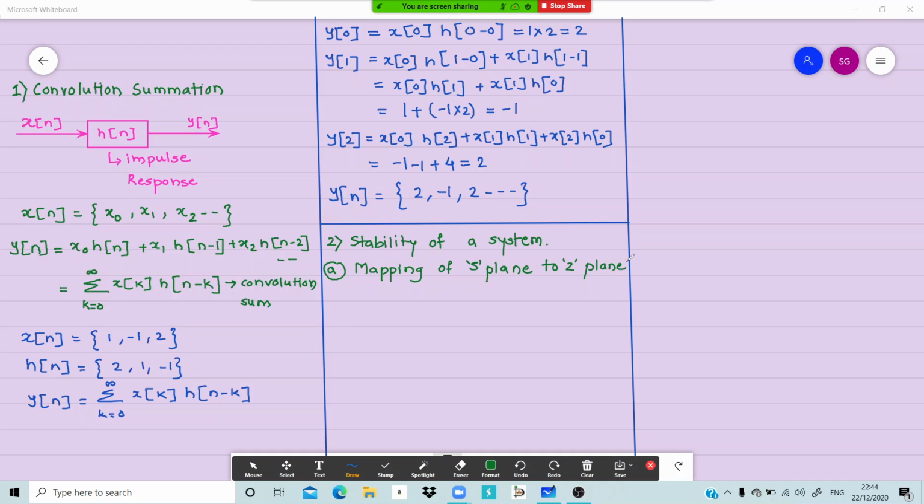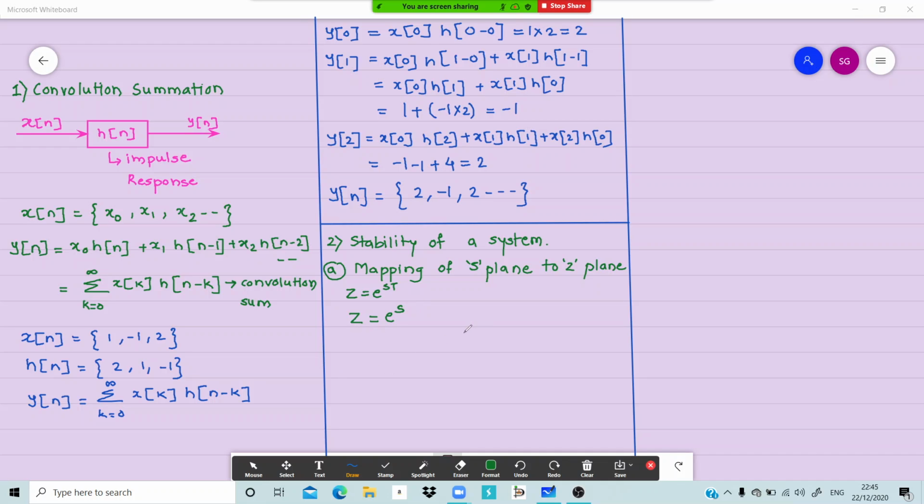Okay. So one relation we are aware of, right, that is z is equal to e raised to sT. Now this T is a constant, right, and normally it is considered to be equal to 1. So that's why you will find the main relation, even if it is constant, it is not going to matter. So the main relation is e raised to s. Correct?